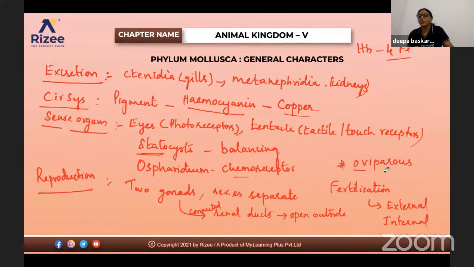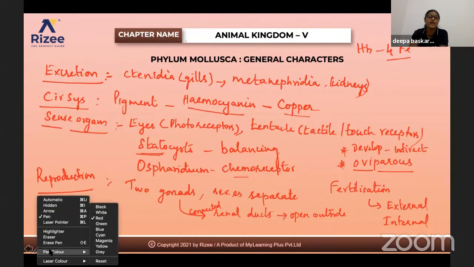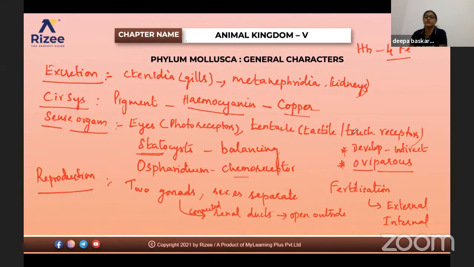They are oviparous, egg-laying animals. One more thing you have to remember is that development is indirect. Indirect means adult and young have different morphology.